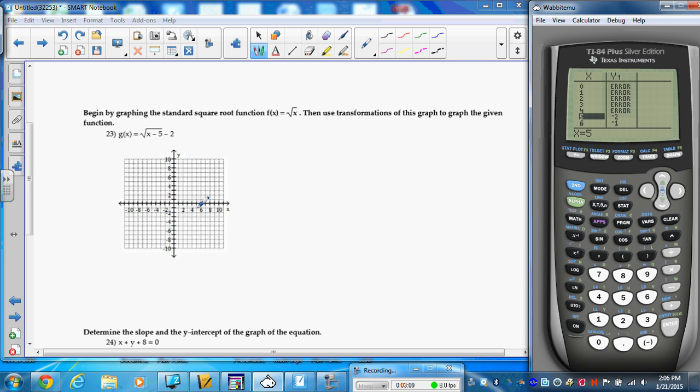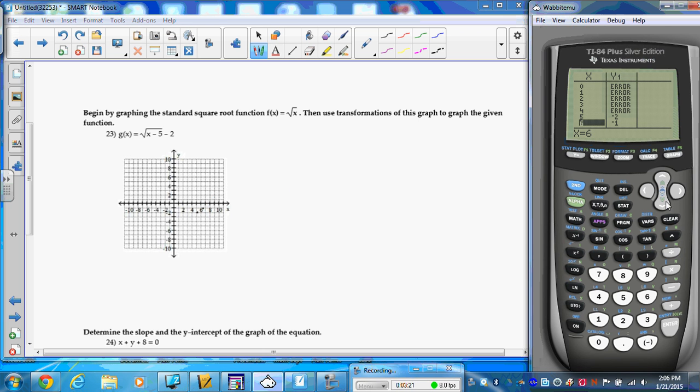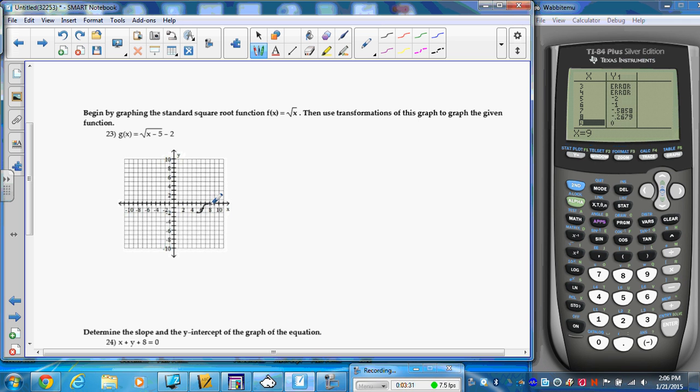So we'll put 5, -2 in here, and 6, -1, and so forth. We could get a few more points if you wanted to, but this is just going to get closer and closer to 0. So that's what it looks like right there.